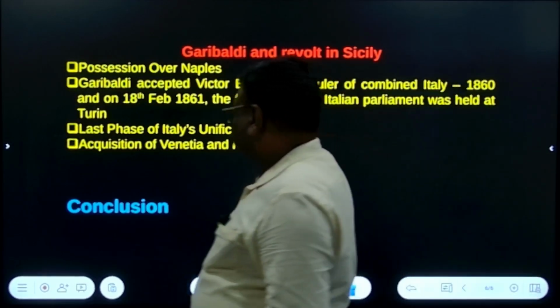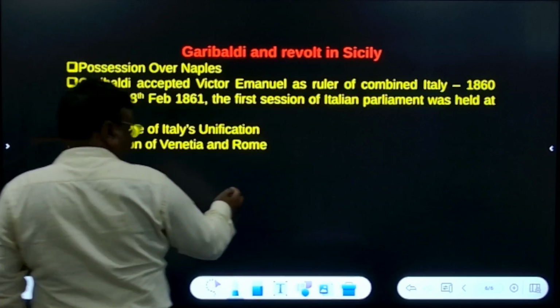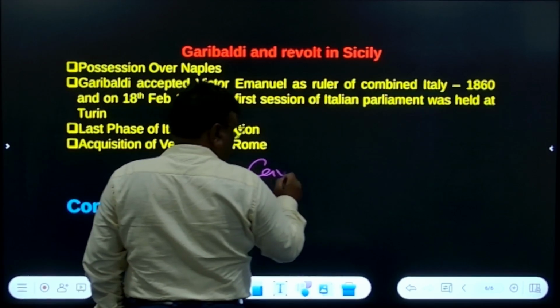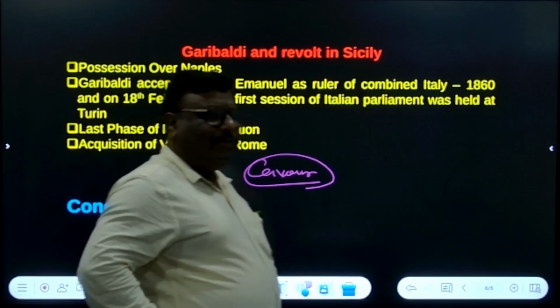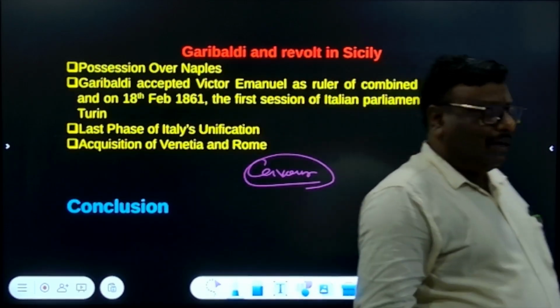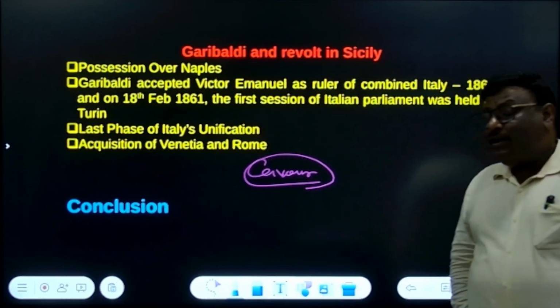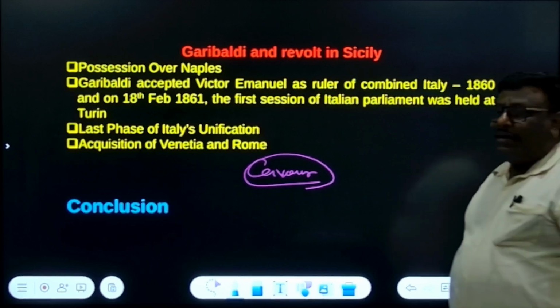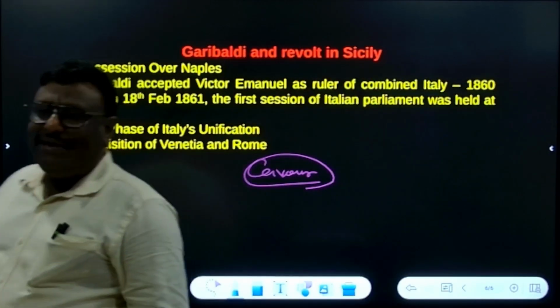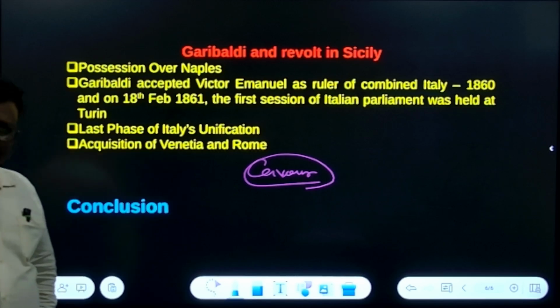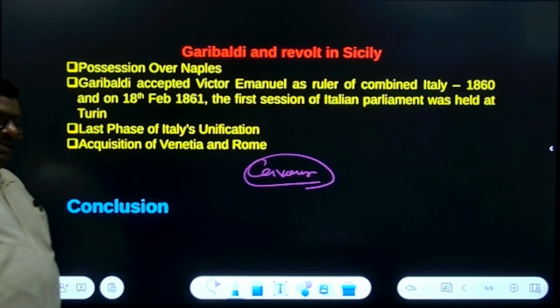He appointed a chancellor, Cavour, who was a great diplomat of the world, just like Bismarck. But you will see the differences between Bismarck and Cavour. Cavour was a democrat and believed in referendum, in constitution, in republican states.